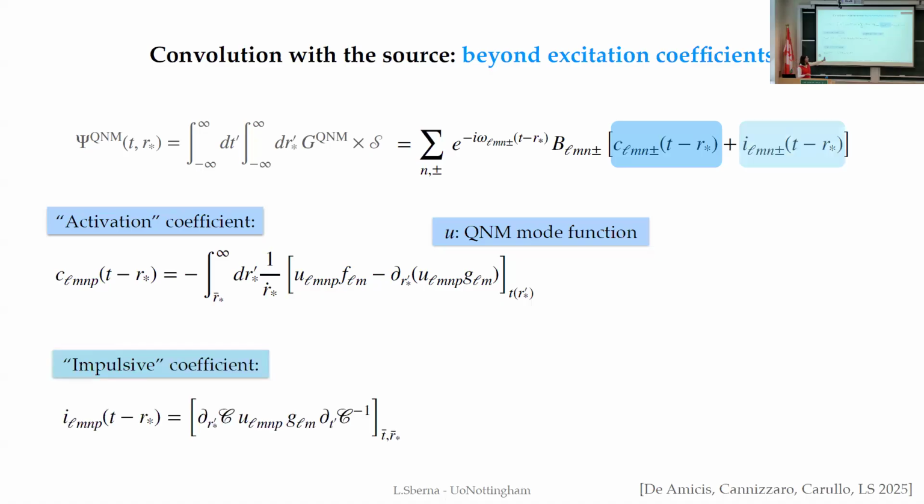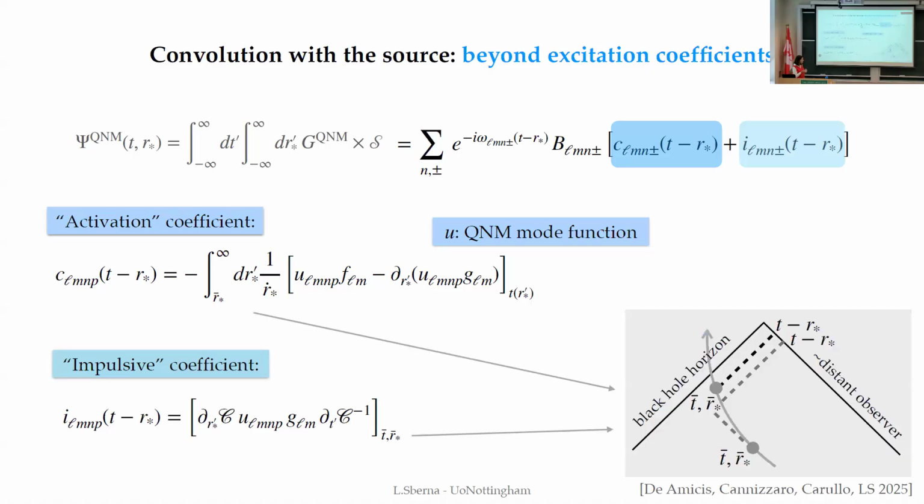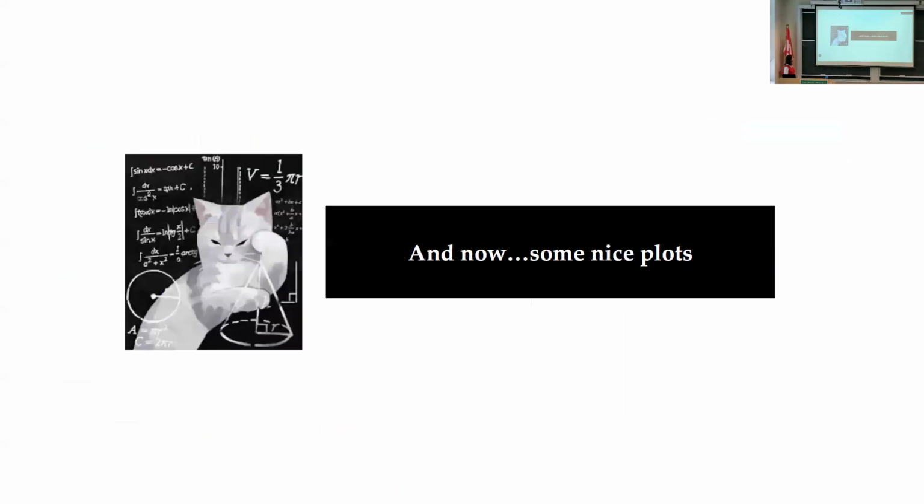And instead, the second coefficient is more of an instantaneous excitation that depends only on the apparent location of the particle and doesn't accumulate over the evolution. And of course, the apparent location needs to be determined with the right propagation condition, depending on whether you're to the right or to the left of the bounce radius.